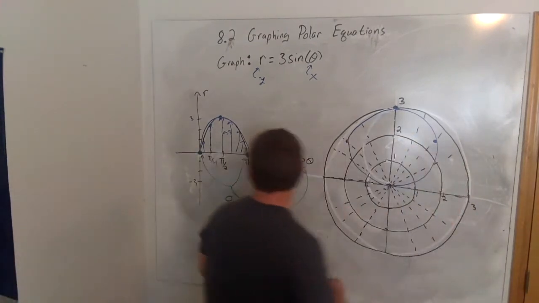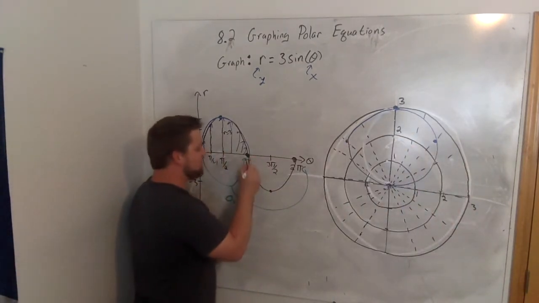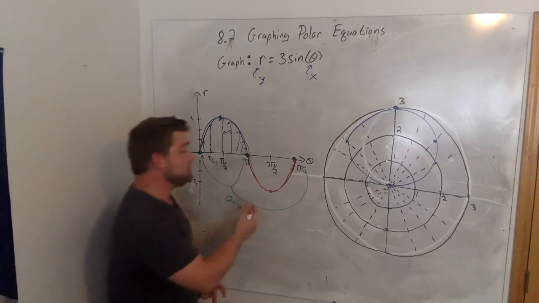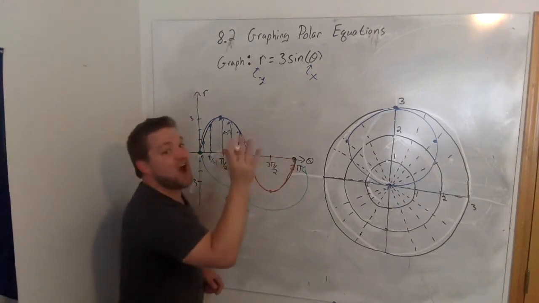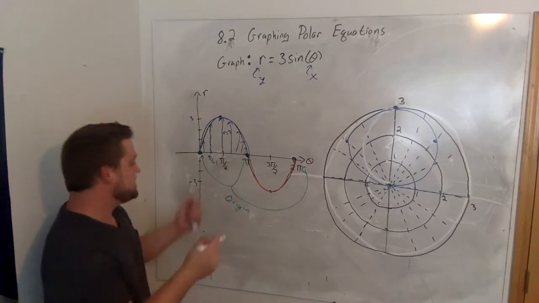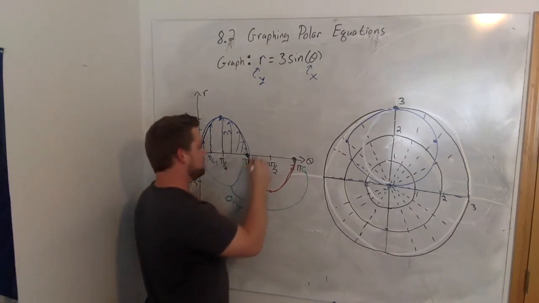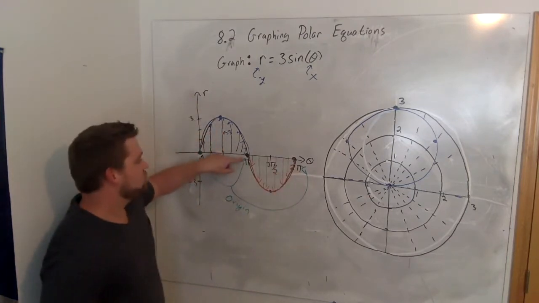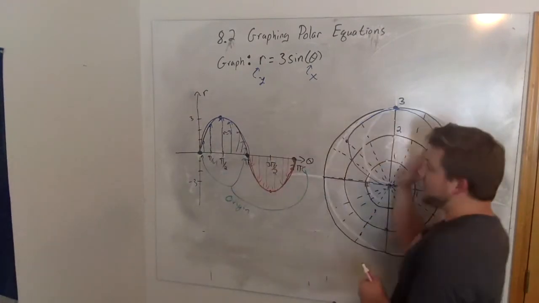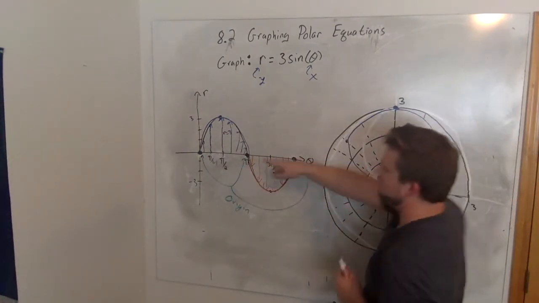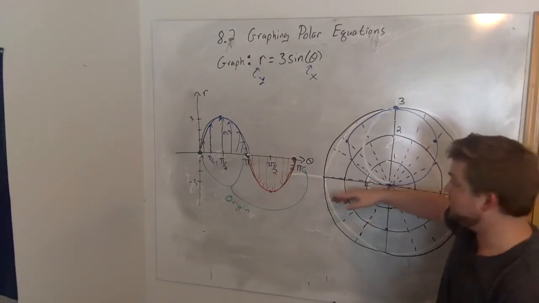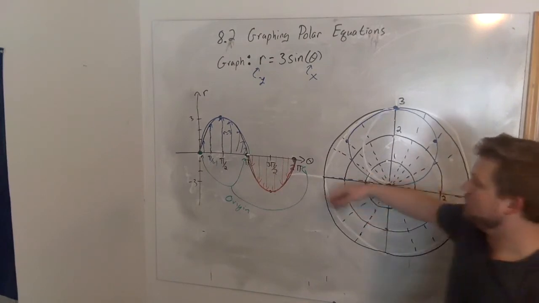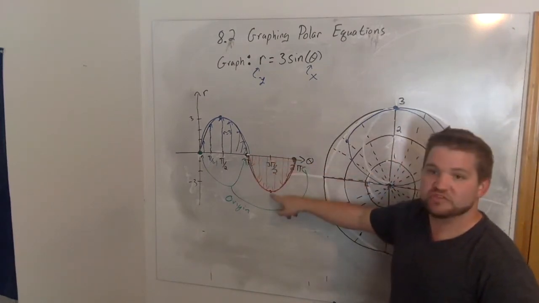Okay, but if we were to continue rotating, this could possibly be another leaf on our graph, but it turns out for this specific example, this part of the leaf goes back over, the leaves are on top of one another. You'll see with another example in just a moment. But this is saying, when we think about these radiuses, these are all negative radiuses. So when we're at pi radians, we have a radius of 0, but as we rotate from pi to 3 pi over 2, my radius starts at 0 and then goes to -3.